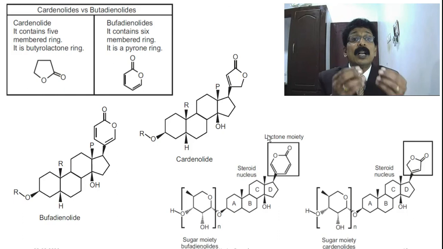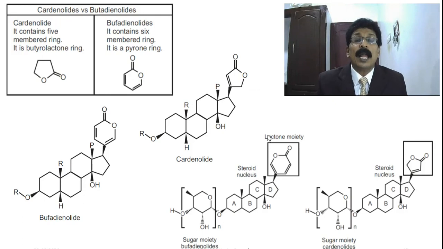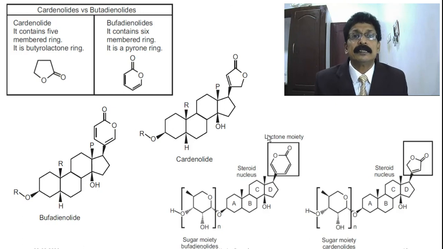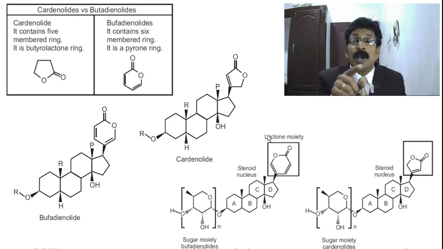Can you see cardenolides versus bufadienolides? Cardenolides contain a 5-membered ring, the butyrolactone ring as shown there, and bufadienolides consist of a 6-membered ring. It is a pyrone ring structure. You can see 6-membered with 1 O.